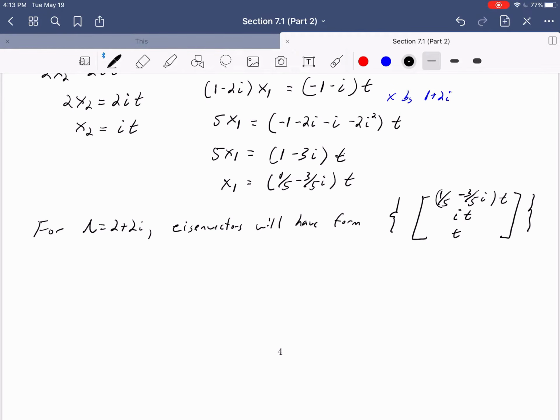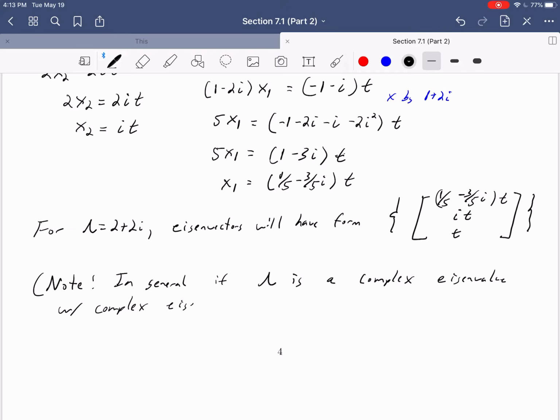So what this tells us in general is, note, in general, if lambda is a complex eigenvalue with complex eigenvector v, then the conjugate of lambda is also an eigenvalue with eigenvector the conjugate of v.